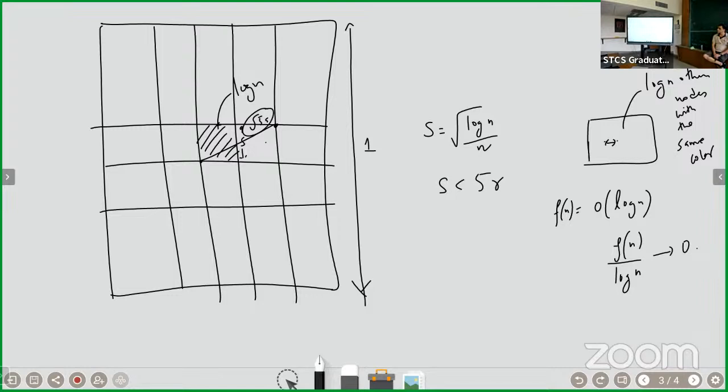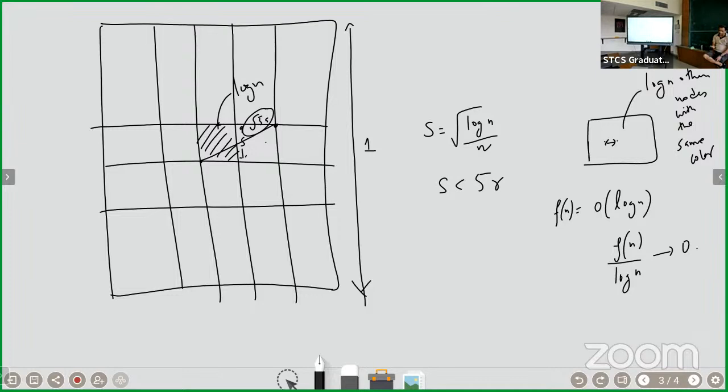Now the number of colors is little o of log n. Has that changed? I still know there are log n people sitting there. I only have little o of log n colors to assign. So what is the order of nodes with the same color? It's still log n. So whatever I said for constant should also hold for little o of log n. So this tells you that anything smaller than log n should not work.